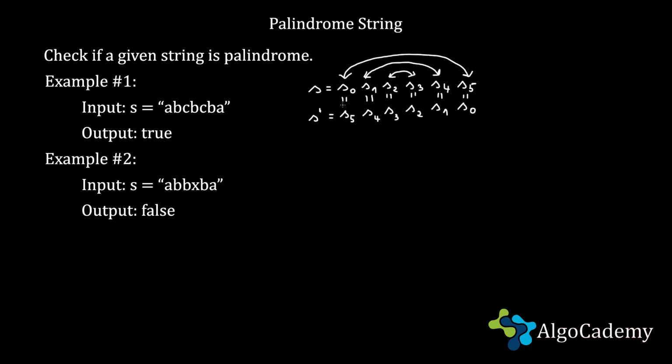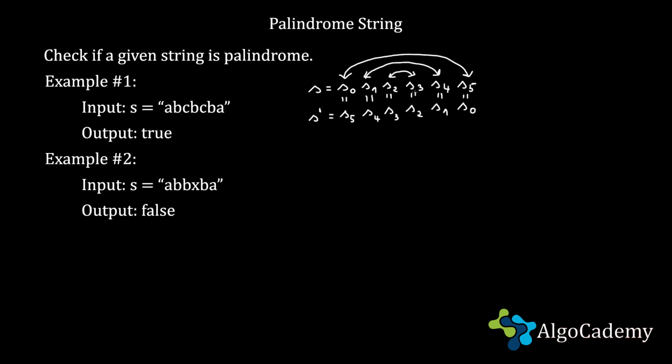So all that we do here is start with the pair consisting of the first and the last characters, check if they are equal, and if so, continue. From the first one, move one step to the right to the second one, and from the last one, move one step to the left to the second last one. Check if those two are equal, and if so, continue.